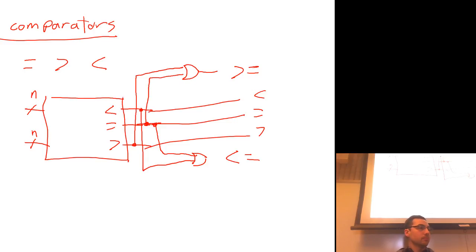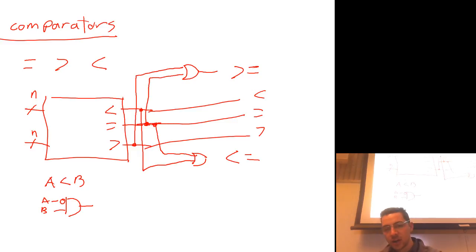Okay? And the single bit less than, for something like A less than B. Just if A is 0 and B is 1, it's binary. There's only so many combinations. And the less than function is only true when A is 0 and B is 1.